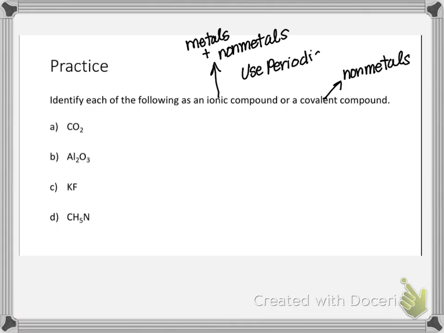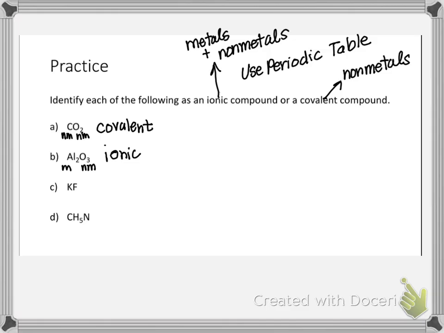Now, over time, you may remember what some of them are in reference to metals and nonmetals, but it's not required. So letter A, there's carbon and oxygen present. They're both nonmetals, so this is covalent. Letter B, aluminum is a metal and oxygen is a nonmetal, so metals and nonmetals are ionic. This one was nonmetal, nonmetal.